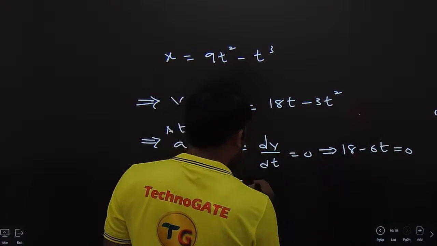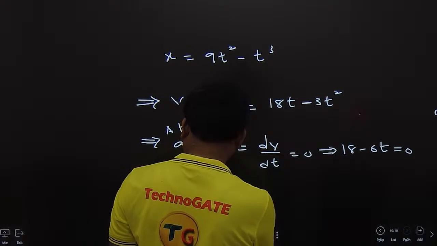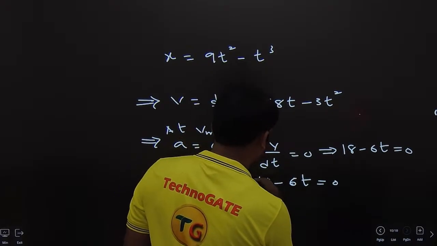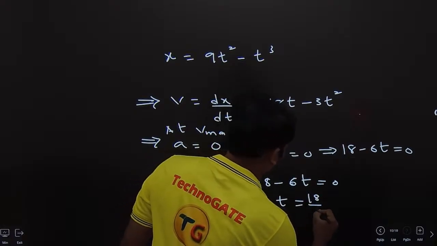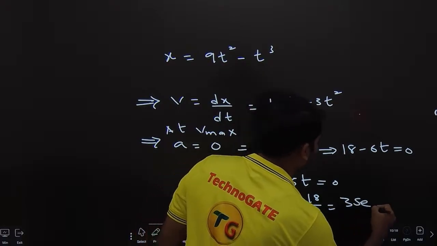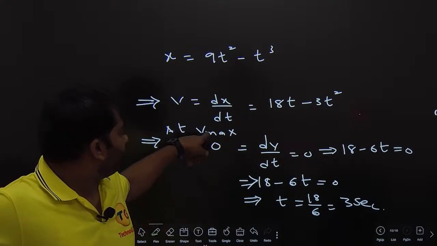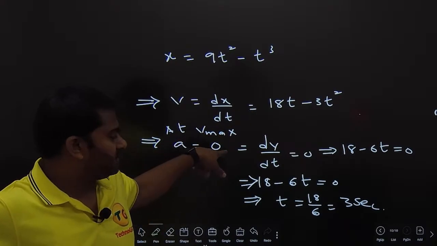Okay, good. We are getting t is equal to 18 by 6, which is nothing but 3 seconds. So when time is equal to 3 seconds, we have the velocity as maximum. Velocity is max for t is equal to 3 seconds.